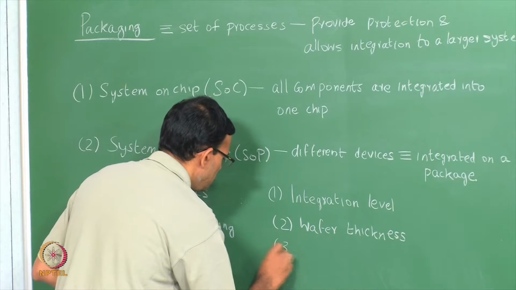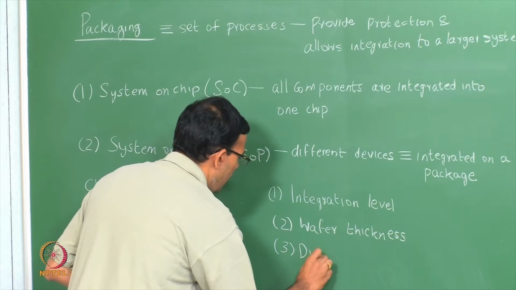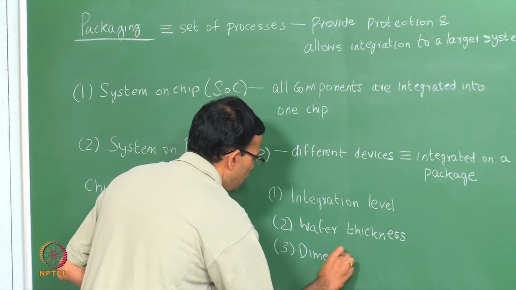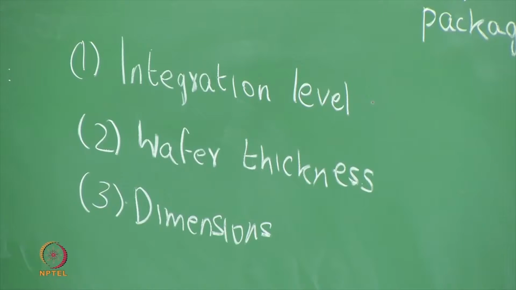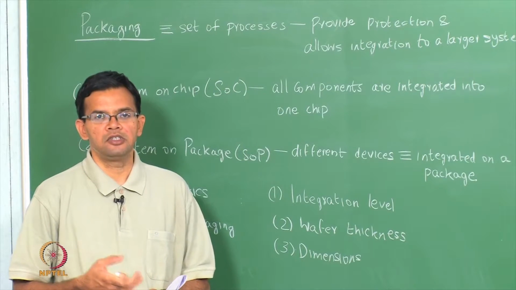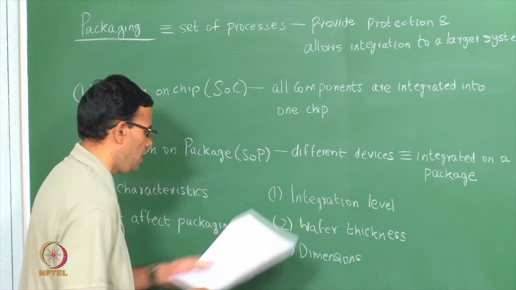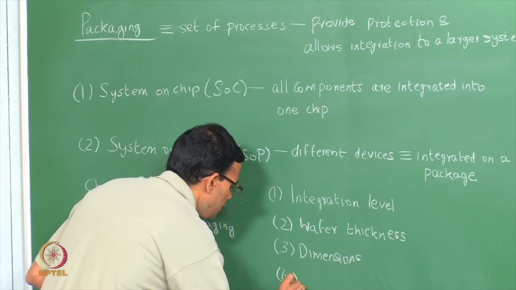Then the dimensions. So, dimensions again refer to how many leads you can have, how closely spaced these are. So, this is related to the die size, which is again related to the type of chip you have. Then environmental sensitivity.